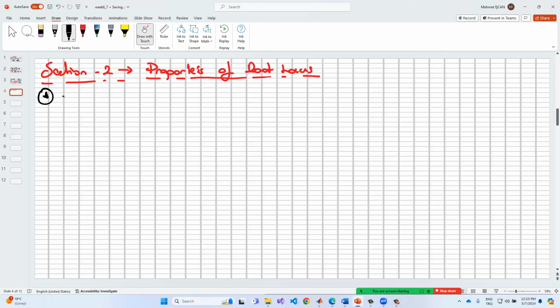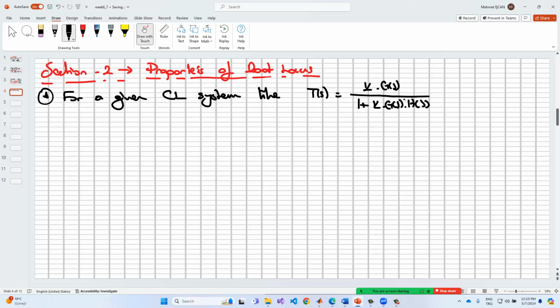Firstly, just remember that for a given closed loop system like T(s) = K G(s) divided by 1 + K G(s) H(s), what is the characteristic equation of this transfer function? The characteristic equation is given by 1 + K G(s) H(s).